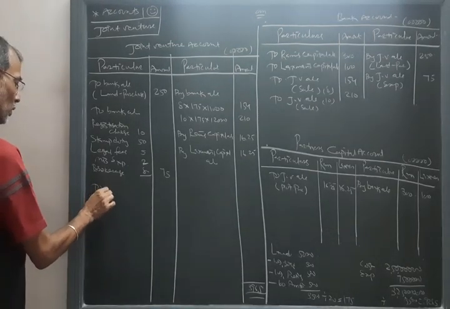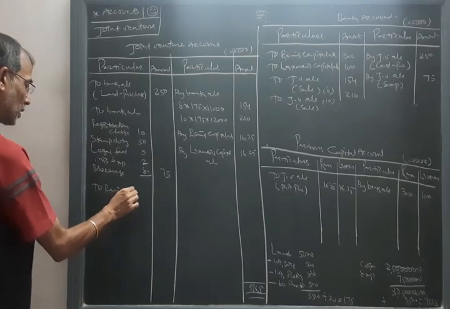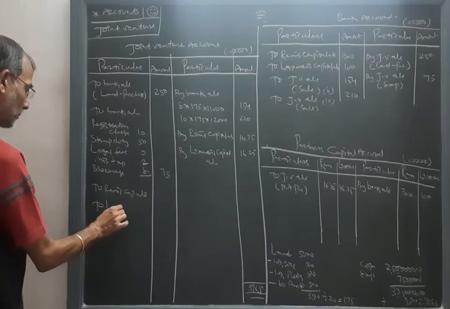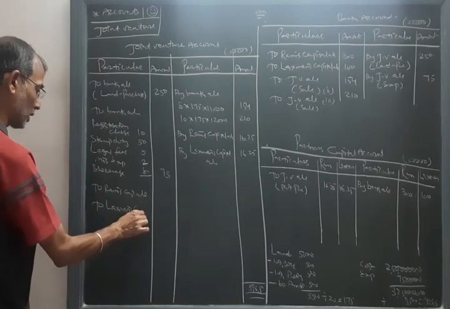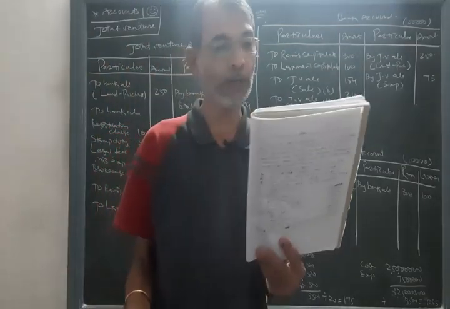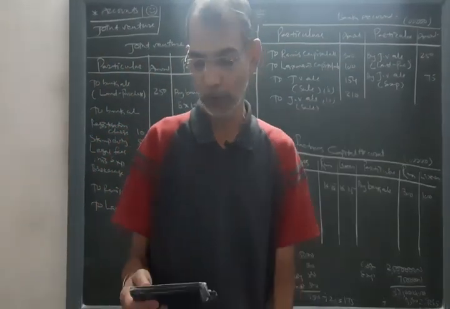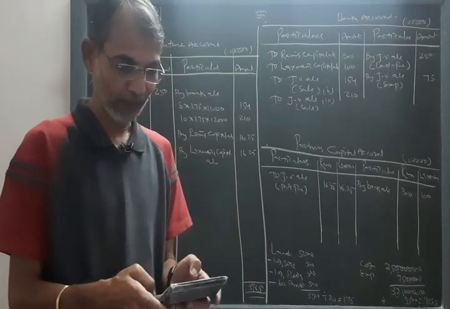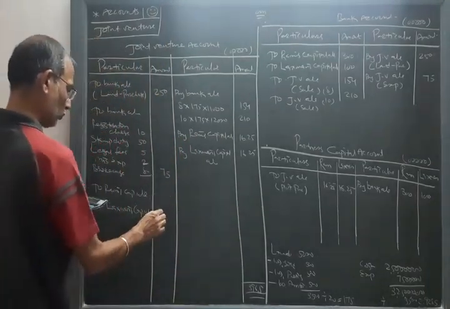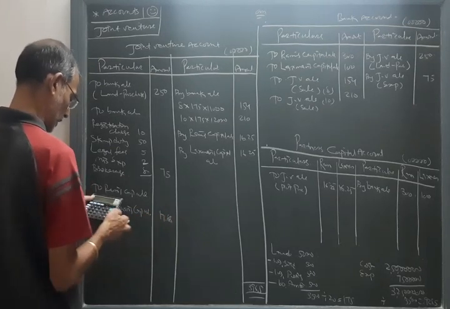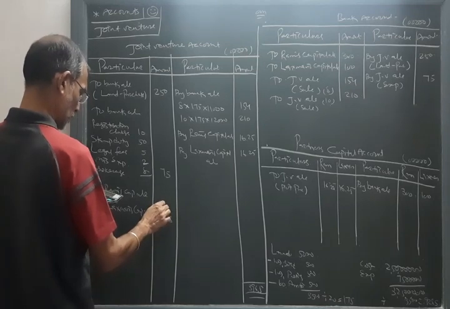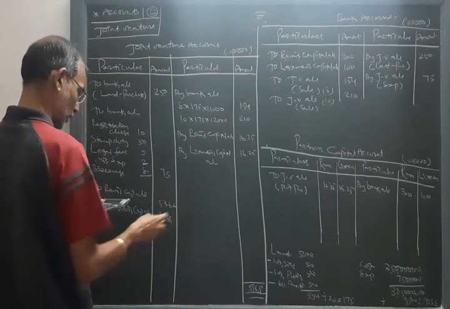So to Ram's capital account and to Lakshman's capital account. The ratio of their profit and loss was 3:1, so it will be divided into 4 parts: 17.88 and 53.62.